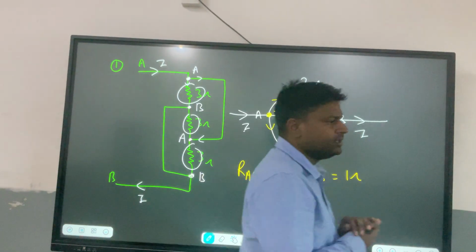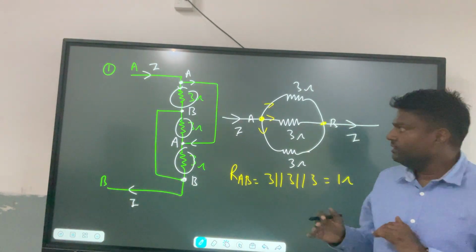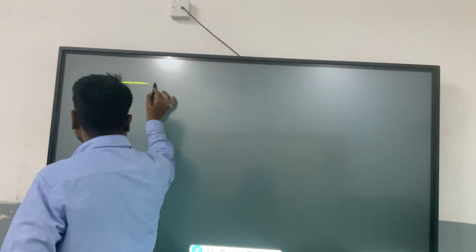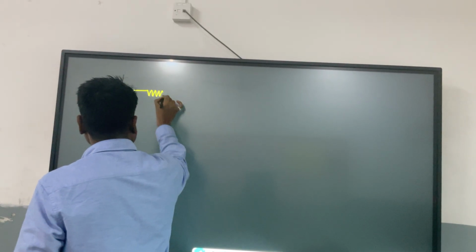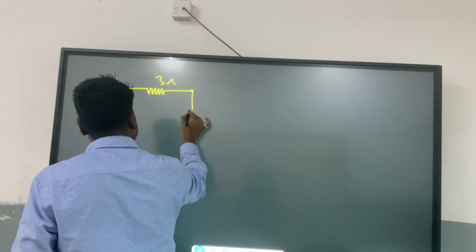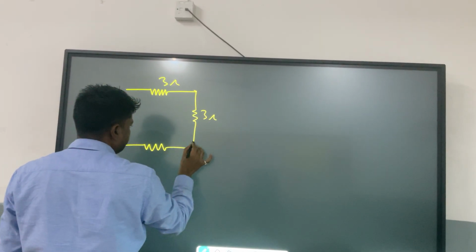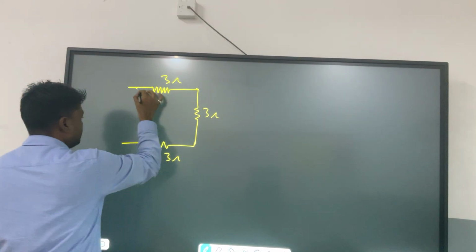Now, the same question is asked in another form, and please understand this. If these three resistances are there, say this is 3 ohm, this is 3 ohm, this is 3 ohm, then you can do this problem as a group.